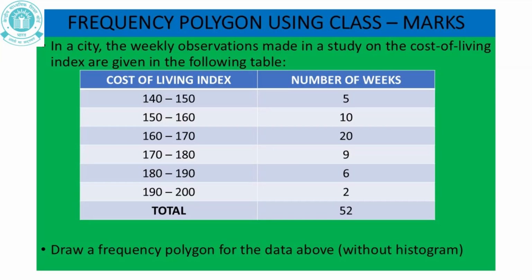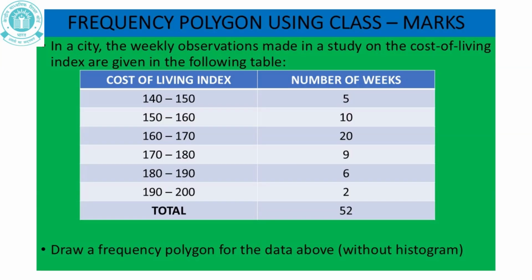Since we have to draw a frequency polygon without a histogram, let us find the class marks of the classes given in the table, that is 140 to 150, 150 to 160, and so on.